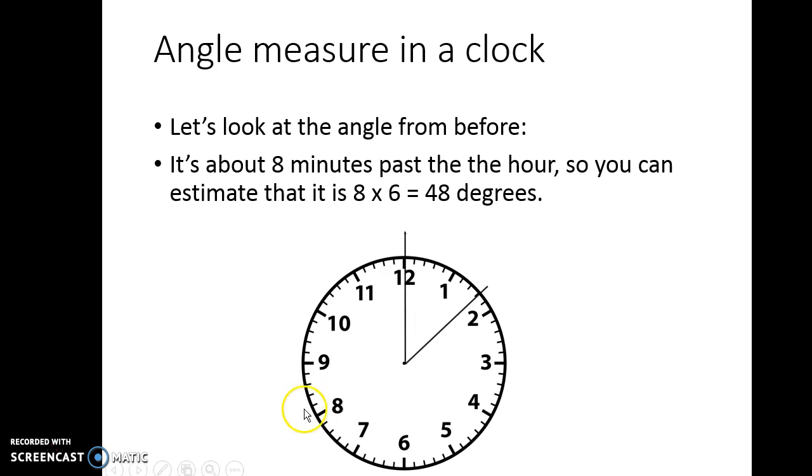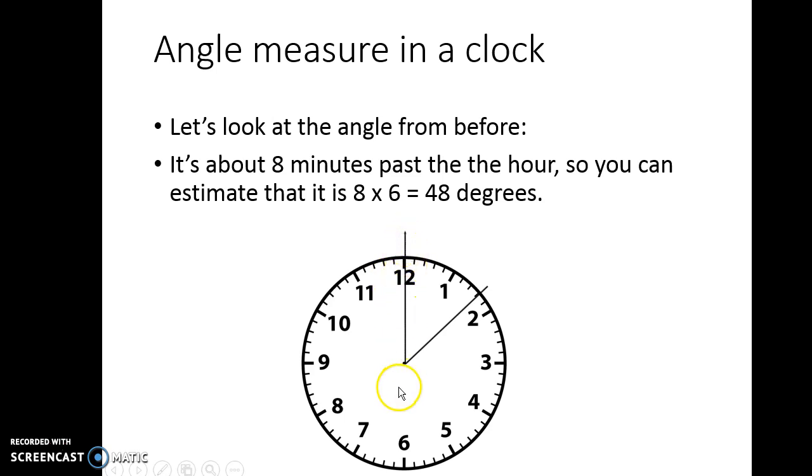So how can we use this? If we think about our angle from before, and you just imagine a clock put over that, where one of the rays is pointing up at 12 and the other is pointing somewhere else, it's pretty easy to estimate or count how many minutes there are.